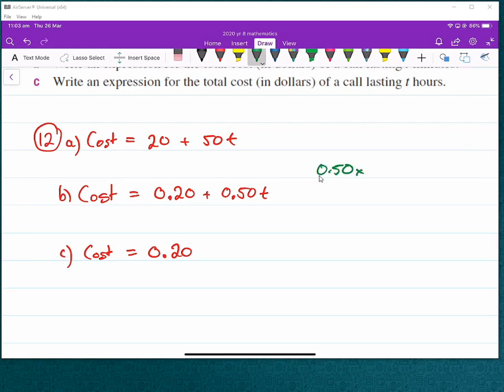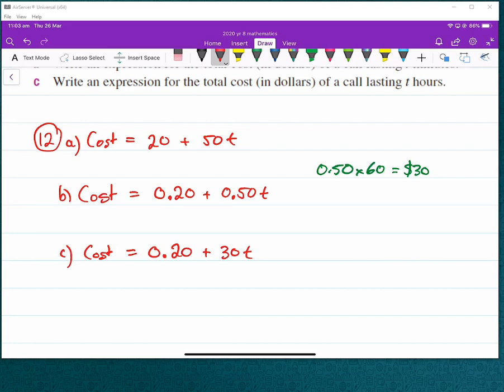If I times that by 60 minutes, that's going to equal $30 per hour. Okay, so therefore the cost is going to be 20 cents plus $30 per T hours, where T is the number of hours.